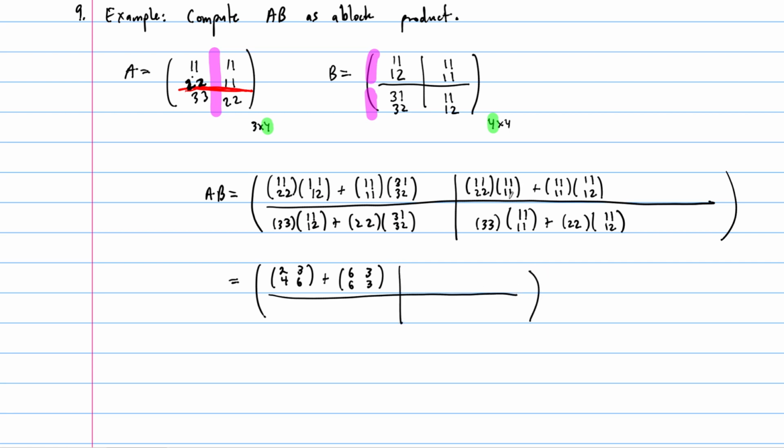Up here, this is going to be 2, 2, 4, 4, plus 2, 3, 2, 3. This one's going to be 6, 9, and this one's going to be 12, 6.